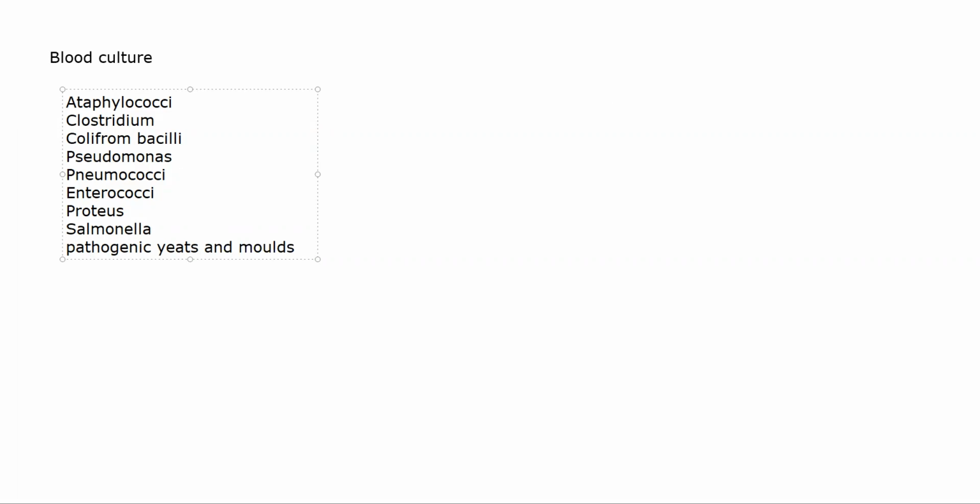Okay, so these are the results of blood culture. Whenever you perform blood culture, these are the most common organisms that you will see.